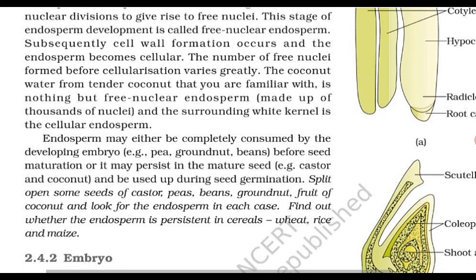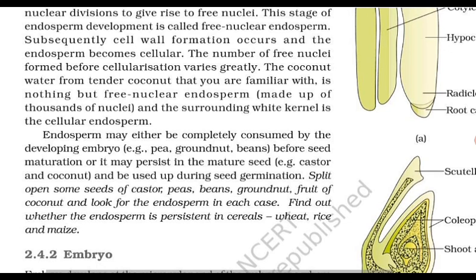In plants which shed pollen in the three-celled condition, pollen tubes carry the two male gametes from the beginning. Clear?